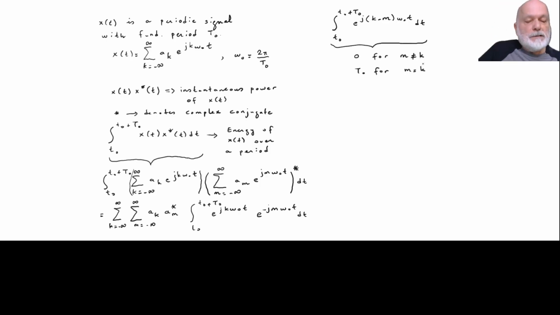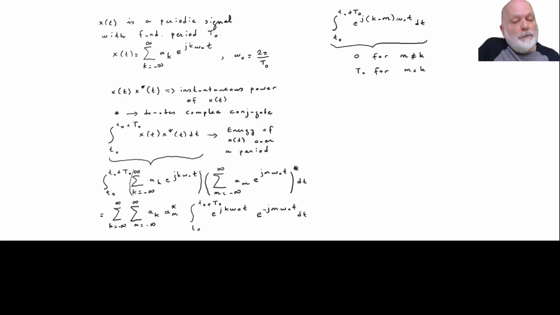It is very easy to see why, because if m is different from k, here we have an integer multiple of omega 0, and omega 0 is 2 pi over T0, remember.